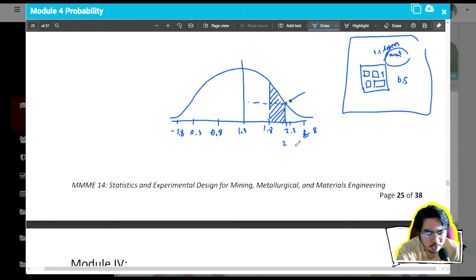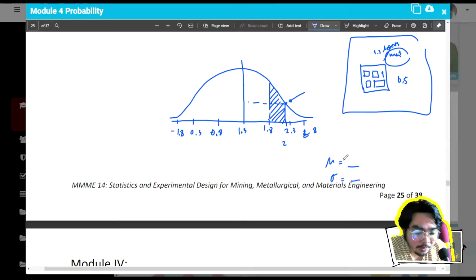Because over time, I have already established the mu, or the average mean. I also established my variation, which is measured in standard deviation. Okay?